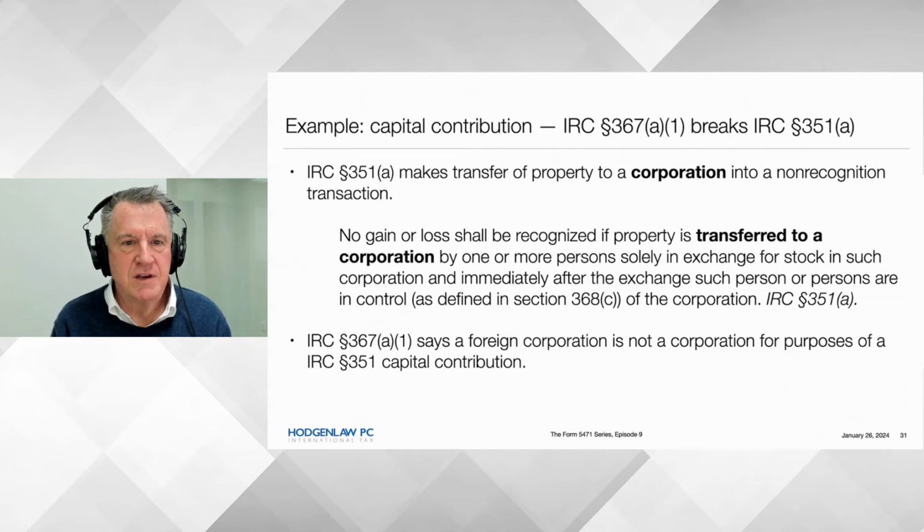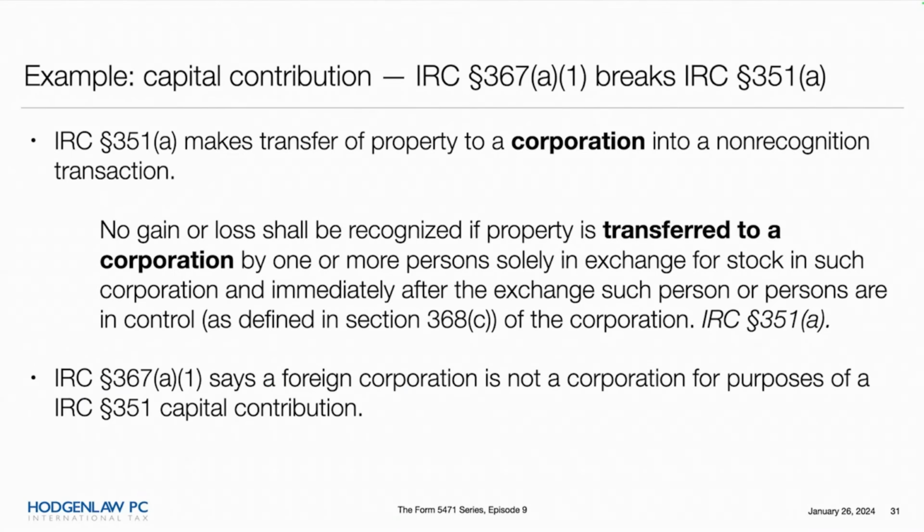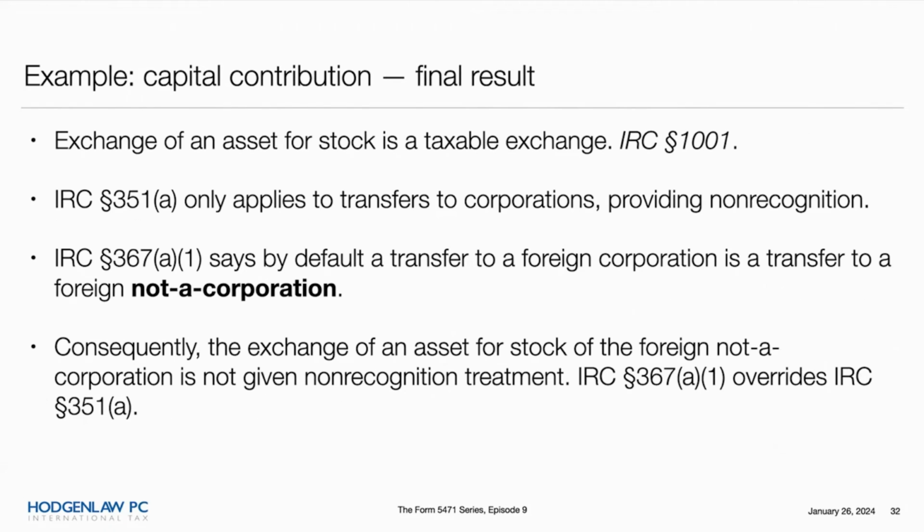So you can see 351(a) says transfer to a corporation. And we don't have a corporation because section 367(a)(1) says it's not a corporation. And the final result is, until proven otherwise, a section 351 transaction is going to be a taxable exchange. 351 applies, but it doesn't apply.